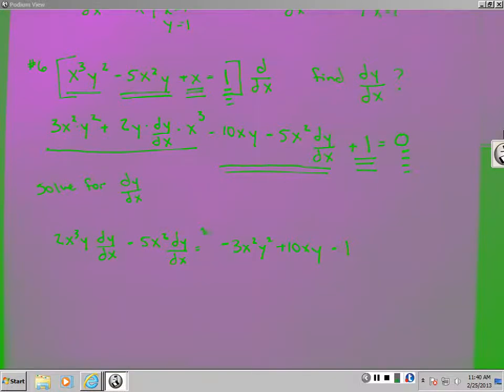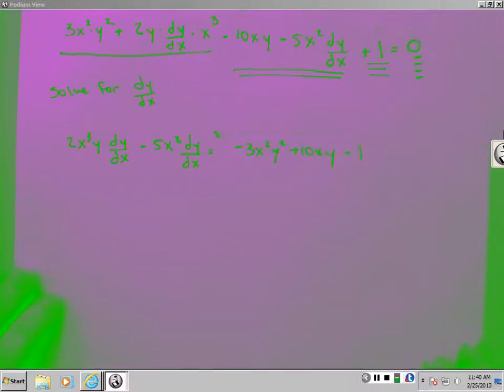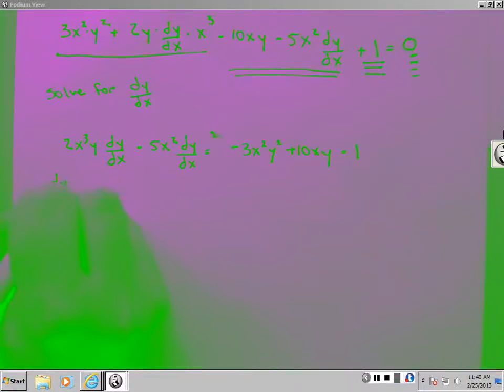Does everyone see that? So I left this on the left-hand side of the equal sign. Equals, I moved this over, so I subtract it. Moved this over, so I added it, and moved this over, so I subtract it. So now I have terms that have the dy dx in them on the left-hand side and terms that don't on the right-hand side. Now I need to factor out a dy dx. 2x cubed y minus 5x squared equals minus 3x squared y squared plus 10xy minus 1.